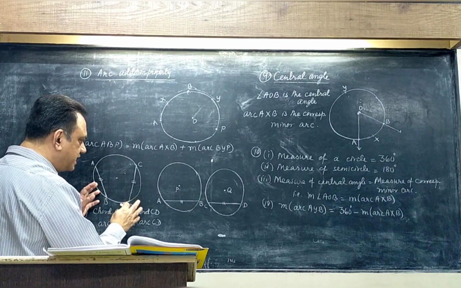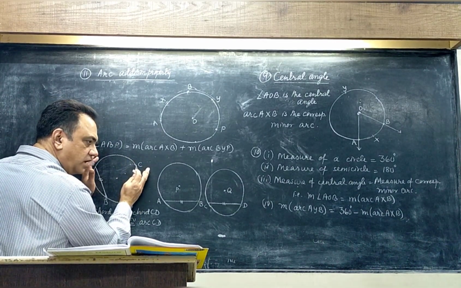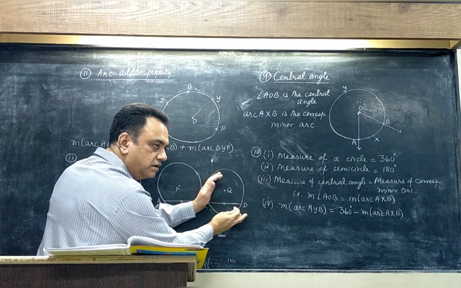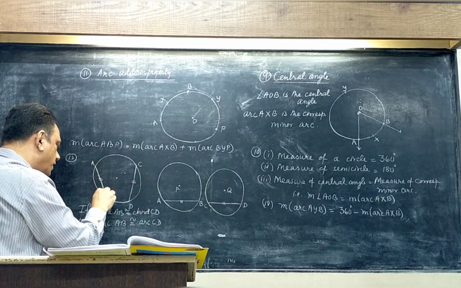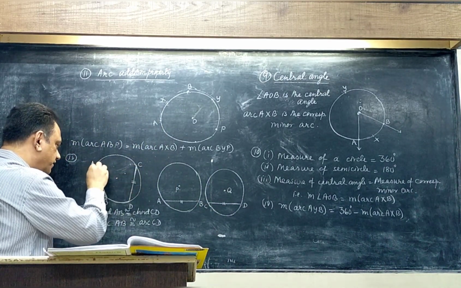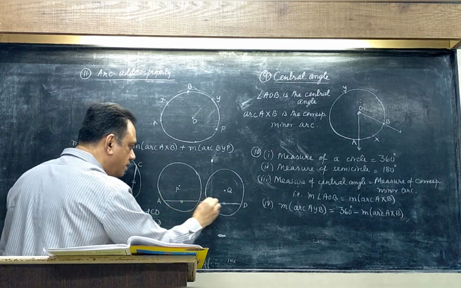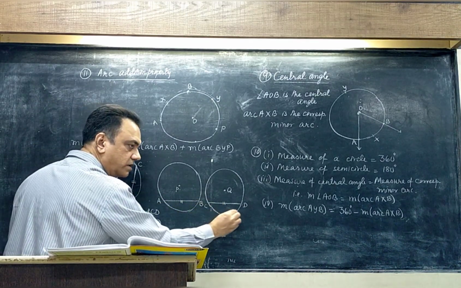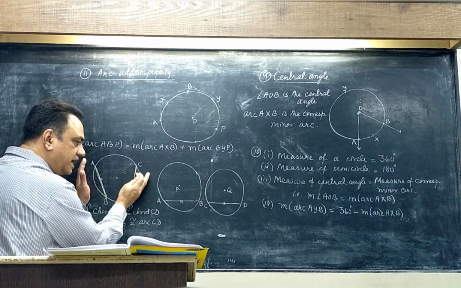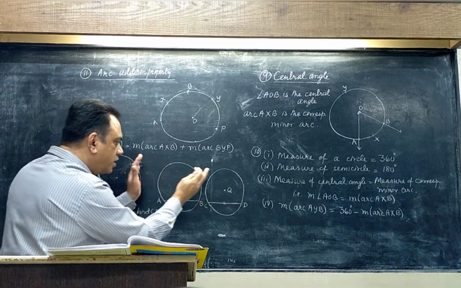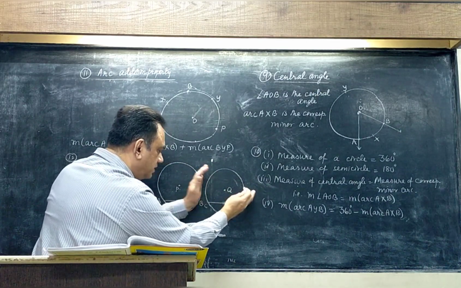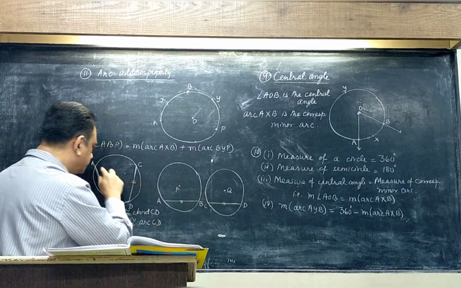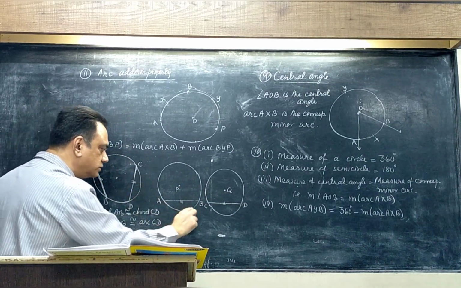I'll combine this and say, in the same circle or in congruent circles, if the chords are congruent, then the corresponding arcs are also congruent.